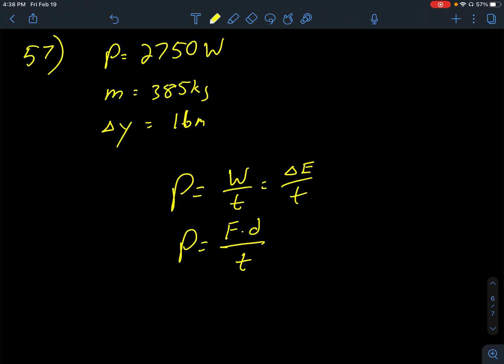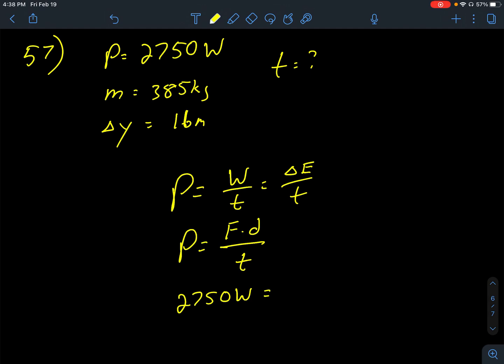We can take the work done divided by the, oh wait, does it tell us the time? No, we're looking for the time, sorry. So we have our 2750 watts, keeping in mind a watt is a joule per second.